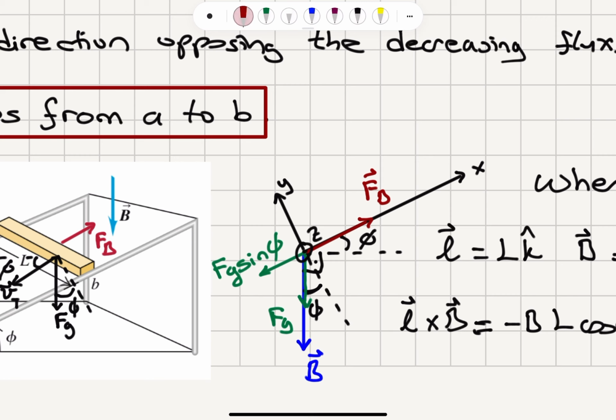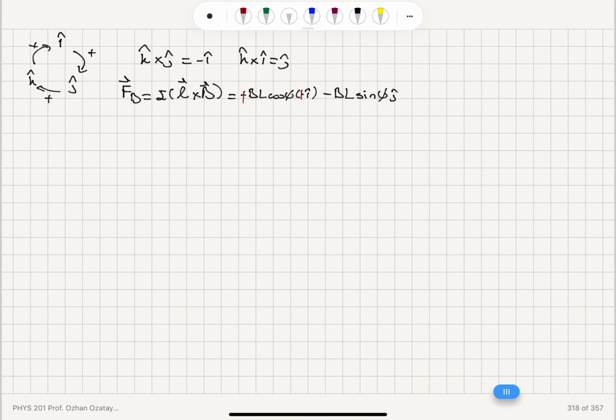And then it will have a component. So let's clarify that. This is Fbx here, and here we also have an Fby. The y component of this gravitational force is balanced by the normal force. The x component, Fg sine phi, will be balancing the x component of the magnetic force.